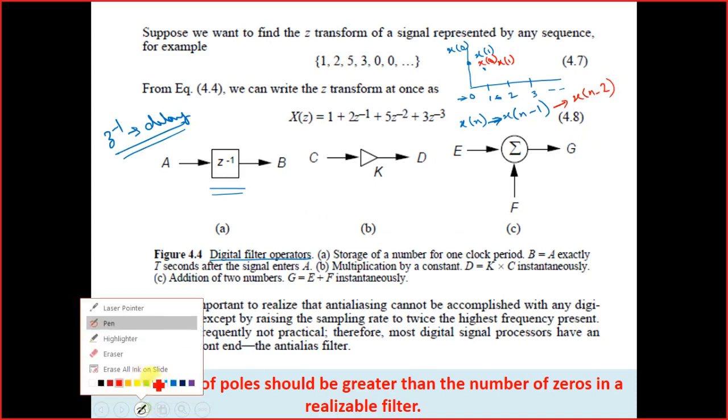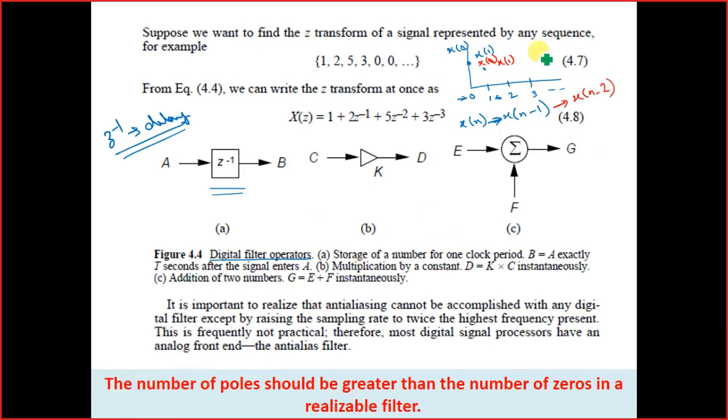So in this case, x0 will start at 2, then x1 will be at time index 3, and so on. So you can see when we are delaying a signal, it is starting at a later stage.